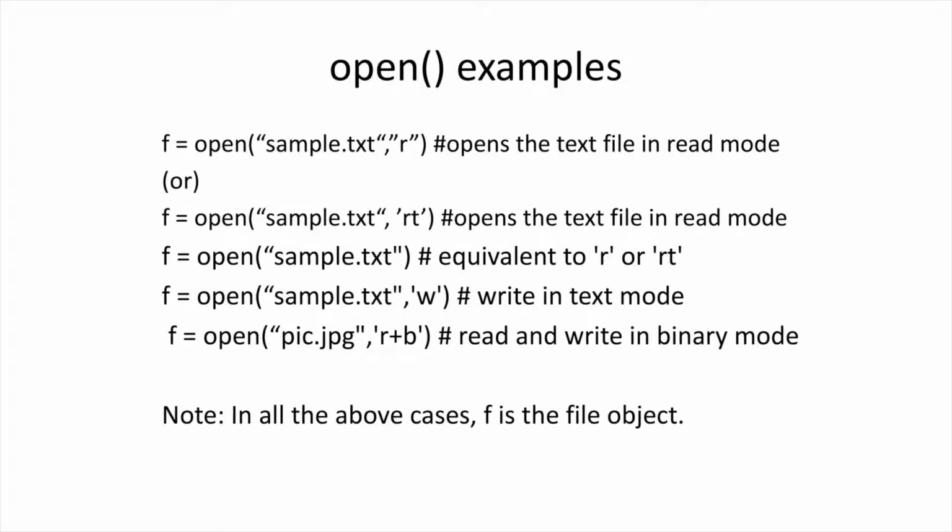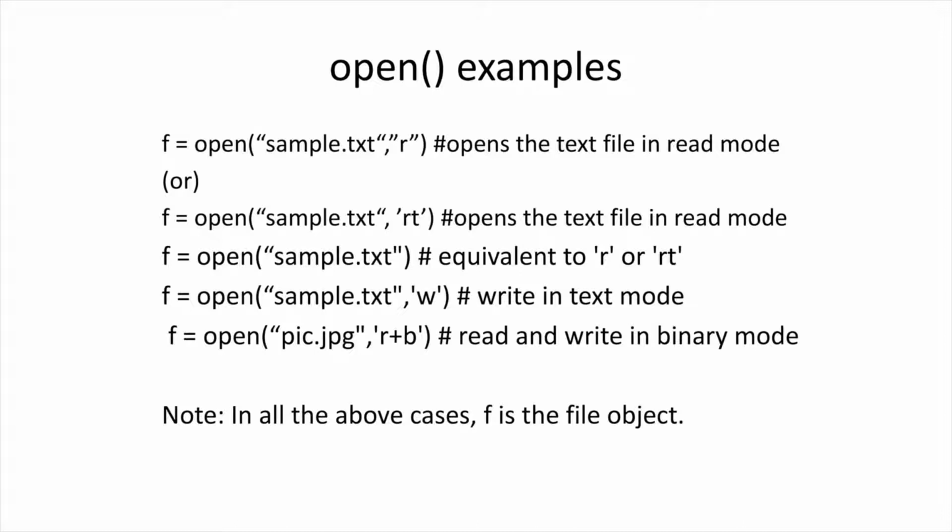So, here you can see different ways of opening files. In the first case, we open a file sample.txt in read mode, or you can also open a text file in read mode by mentioning RT, or omitting both R and T will also open the file in read mode and the file will be again a text file.